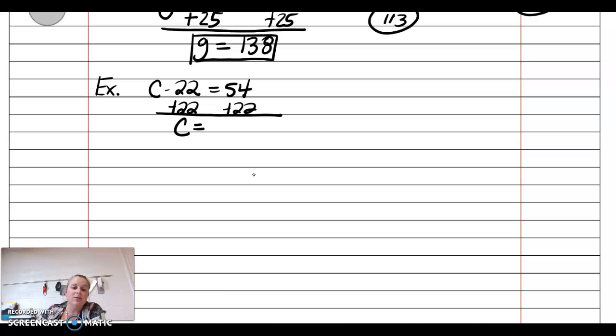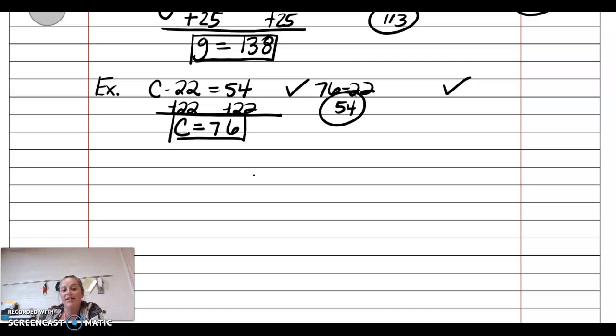So I get c equals 76. So I have one solution at 76. And when I do my check, we'll check both sides. 76 minus 22 on the left side happens to be 54, which is good. And then the right side also had 54, which is what we wanted.